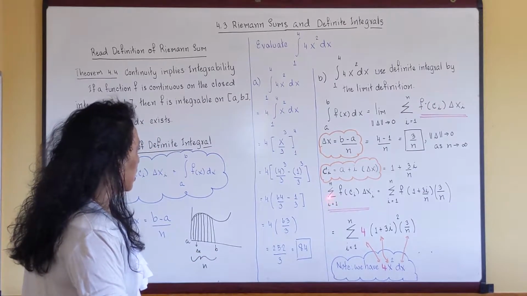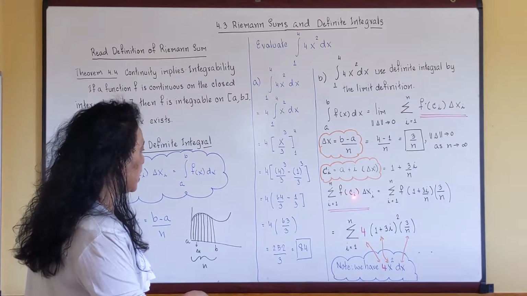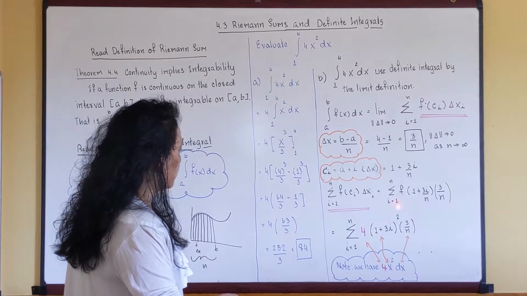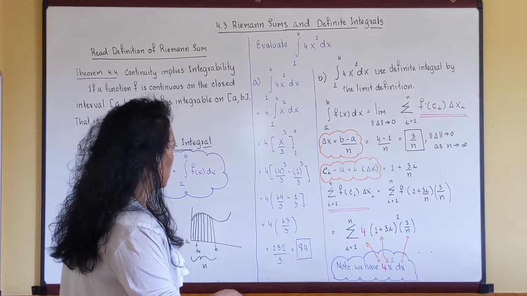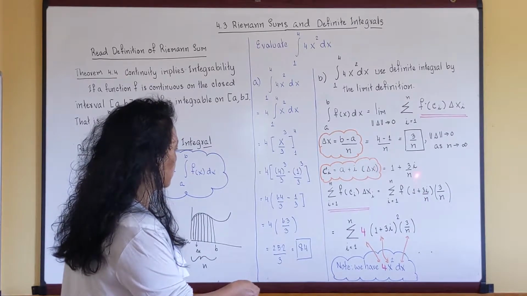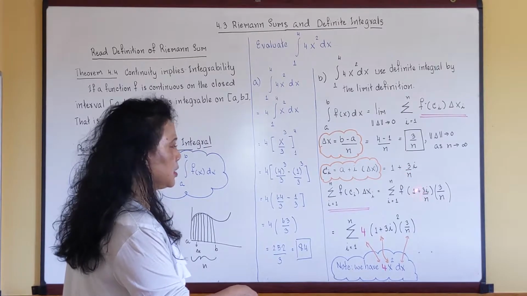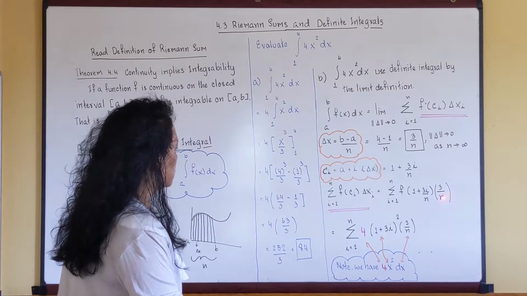So the sum from i equals 1 to n of f of ci delta xi. My x is right here, 1 plus 3 over n times i. This is my x. Delta x is right here.